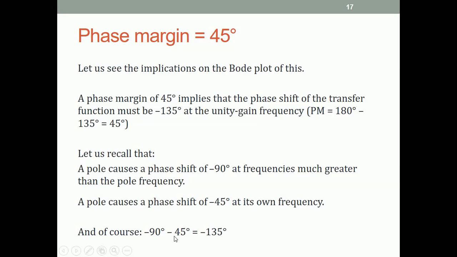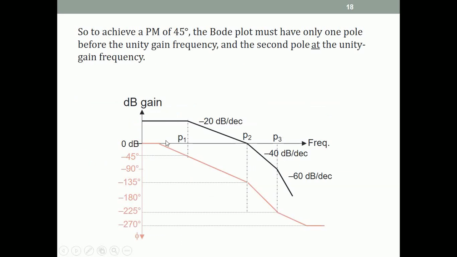And 90 plus 45 is 135 degrees, right? What this therefore means is that in our stable open loop gain of an amplifier, we can afford to have one pole before the unity gain frequency and one pole at the unity gain frequency. One pole before and one pole at the unity gain frequency will give us a phase of minus 135 degrees and therefore a phase margin of 45 degrees.